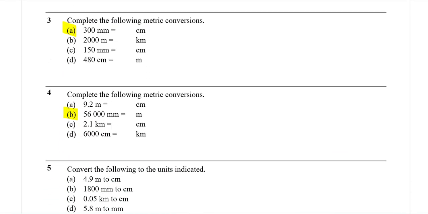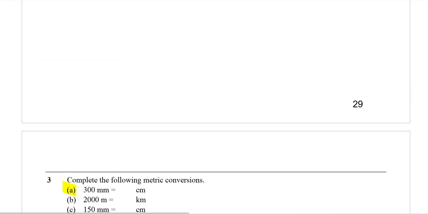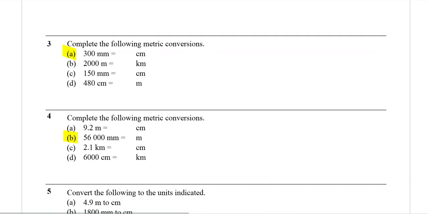Question on the next page. Actually, that one there. Okay, that's right. So complete the following metric conversions. The page numbers on here say 29 there, but it will be on the section, so it may not work out properly anyway.